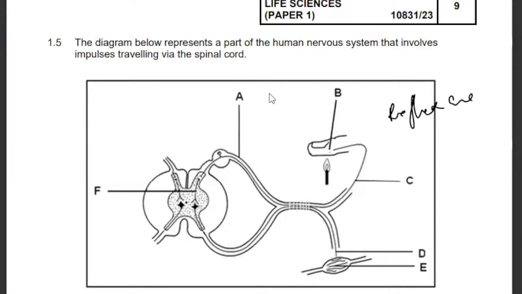Since it's a reflex arc, it means that you are able to understand. So what is F? F is the interneuron. A is the dorsal root, or the receptor, and then the sensory neuron or the dendrite, and then it's the motor neuron, and then it is the effector or the muscle.